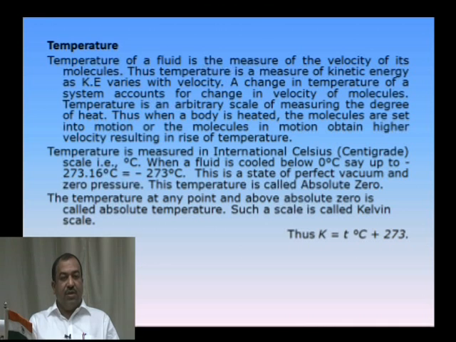This temperature is called as absolute 0. The temperature at any point above absolute 0 is called absolute temperature. Such a scale is called as what? Kelvin scale. Whenever you want to measure the temperature above the absolute 0, it is termed as Kelvin scale. Thus, degree Kelvin is equal to degree centigrade plus 273.